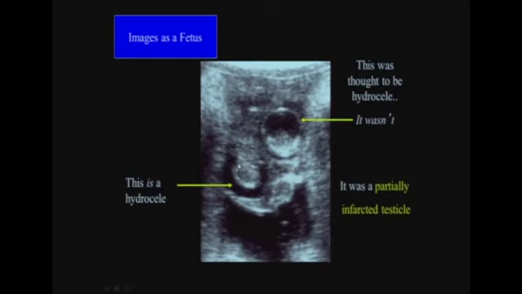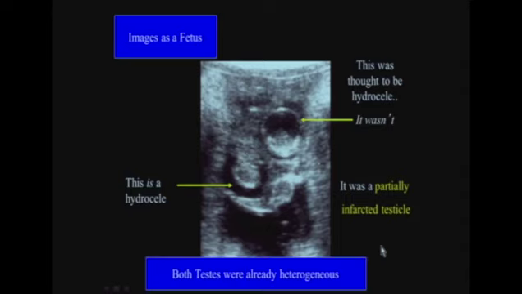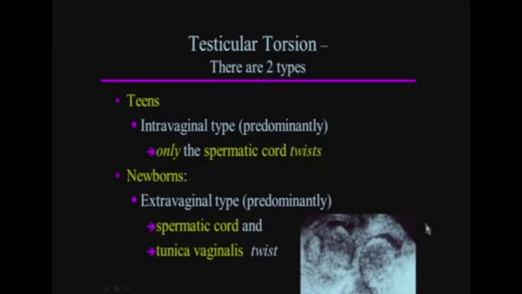The testicle on the right side appears somewhat more heterogeneous than it should be and somewhat smaller than it should have been. So both these testes were already heterogeneous in fetal life, and they had already been torsed for a while, probably. Testicular torsion exists in 2 types.